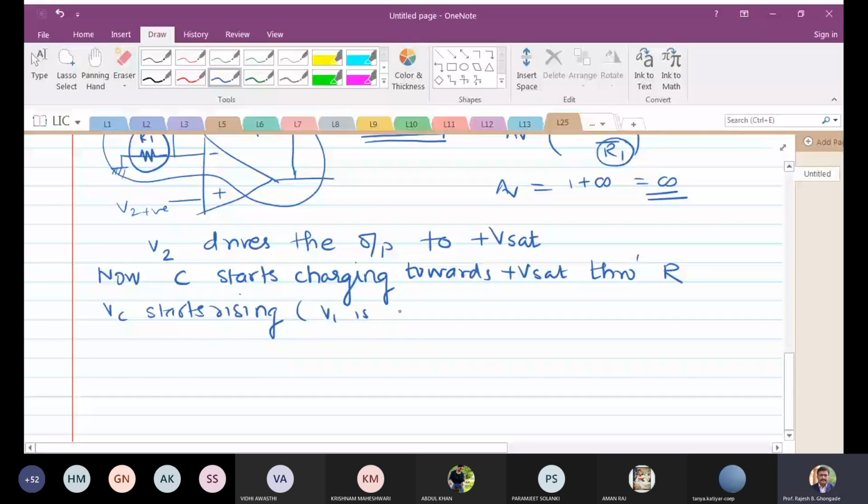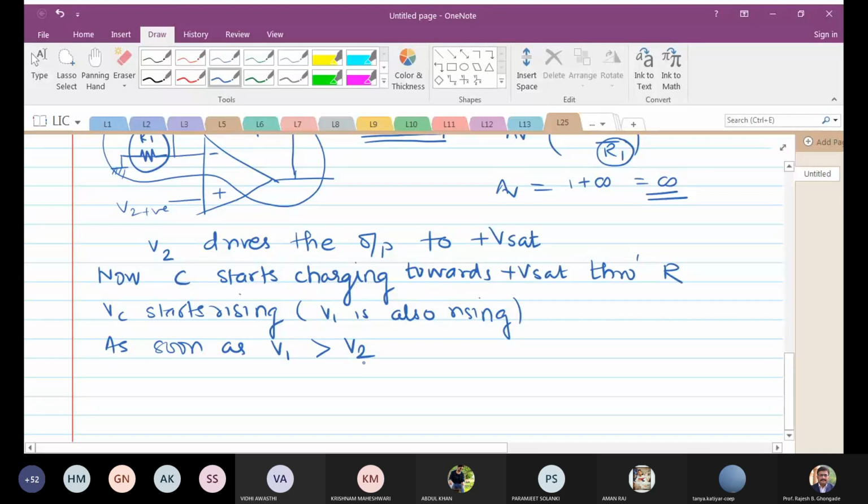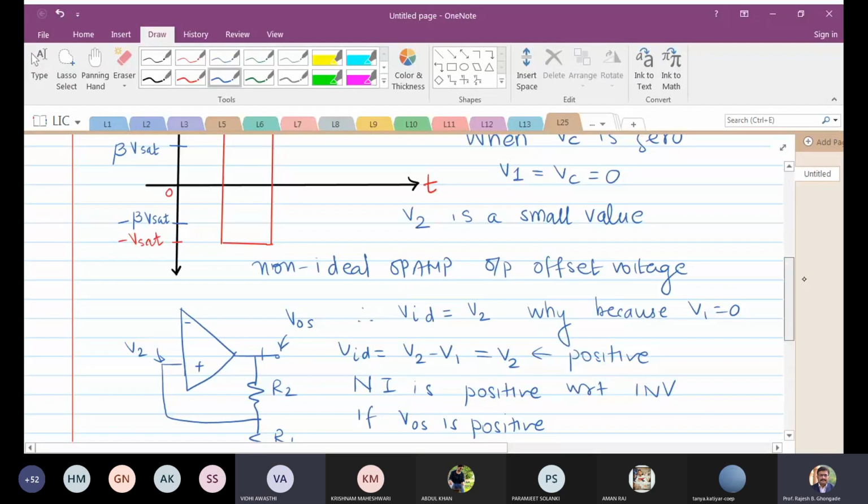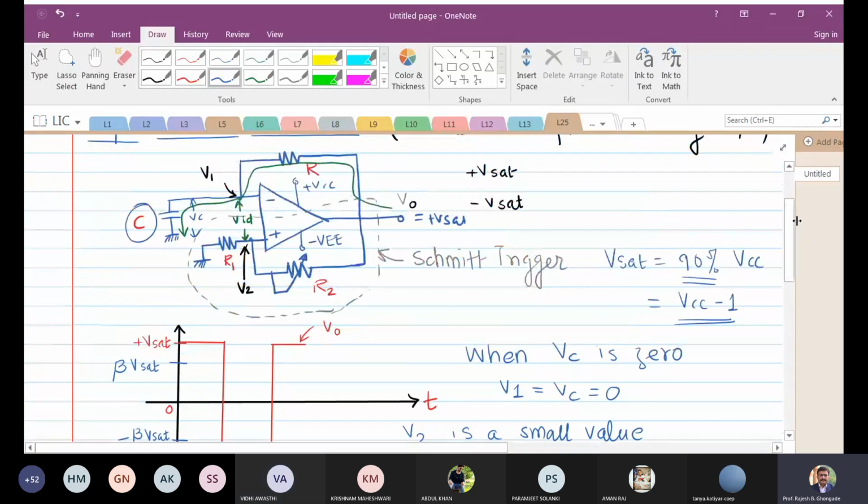So as soon as V1 becomes greater than V2, what will happen? V1 is now more than V2, you can see that now VID has become negative.